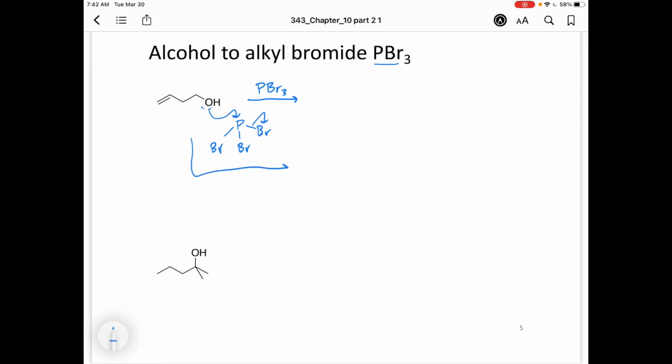Okay. And so from this step, we end up having our alcohol that is added to our phosphorus, which has 2 bromines attached. This is now a really good leaving group.